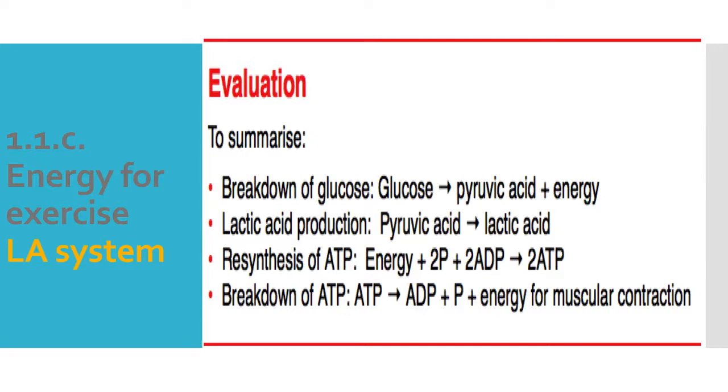The glucose is then broken down into pyruvic acid, which we know is our glycolysis, by the enzyme PFK, phosphofructokinase. The pyruvic acid then, in the absence of oxygen, and we know it's absence of oxygen because it's anaerobic glycolysis, is converted to lactic acid by the enzyme lactate dehydrogenase.